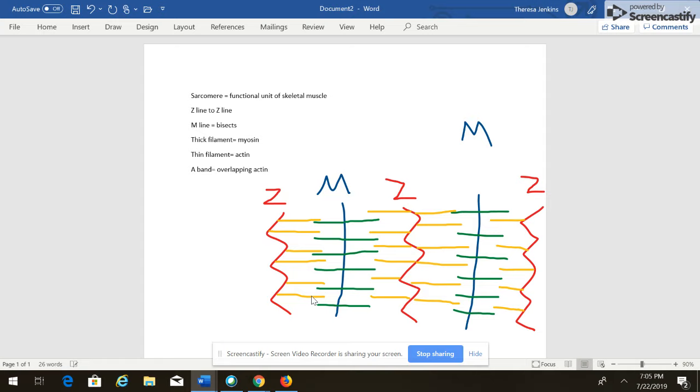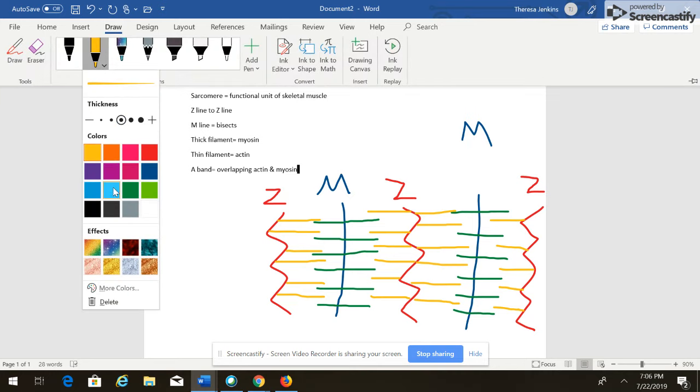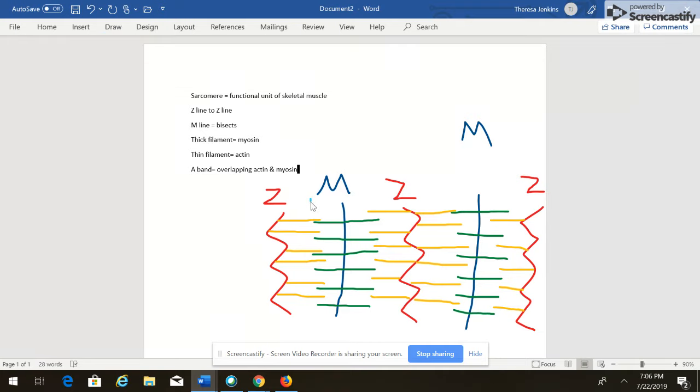Overlapping actin and myosin. Now let's draw the A band so we know where this is at, in a light blue color. You can see here at the end of the myosin, the A band kind of starts at the end of this myosin, but it still has that overlapping region of actin and myosin filaments.